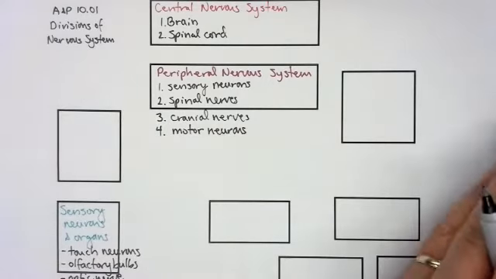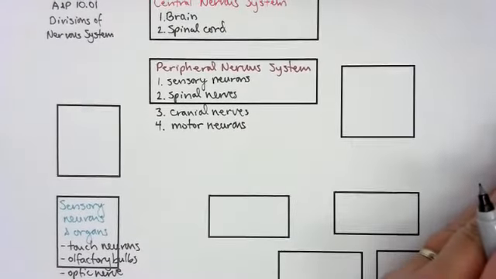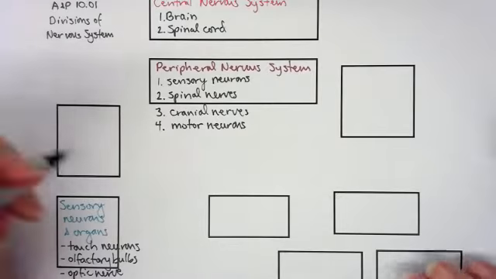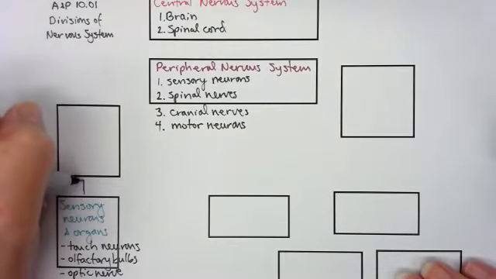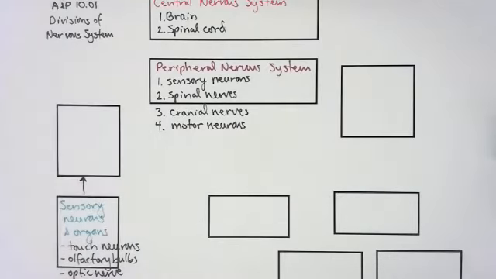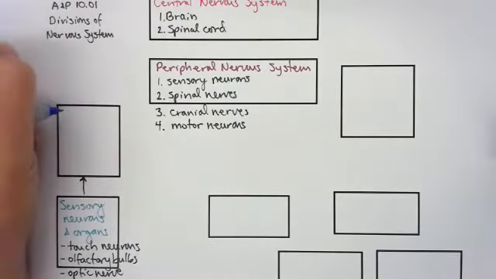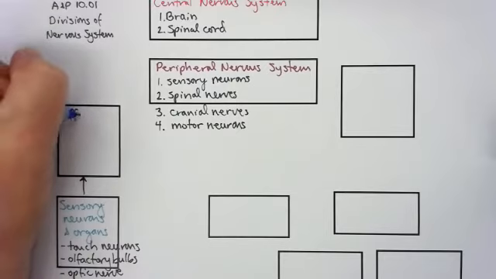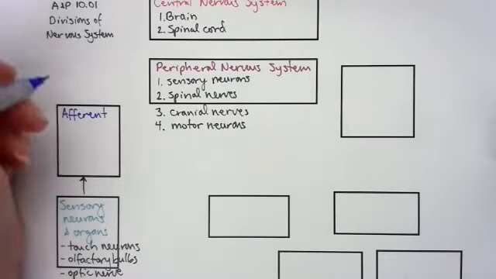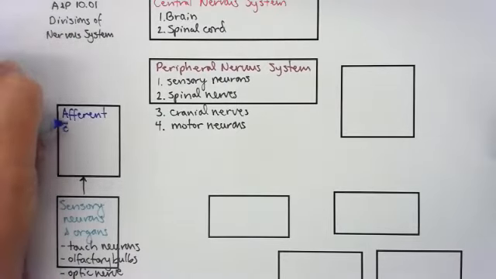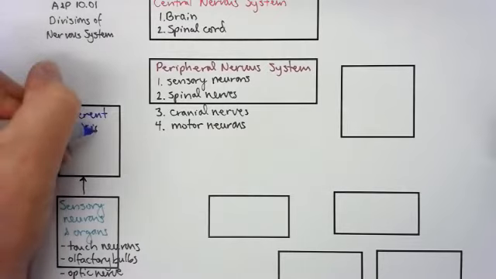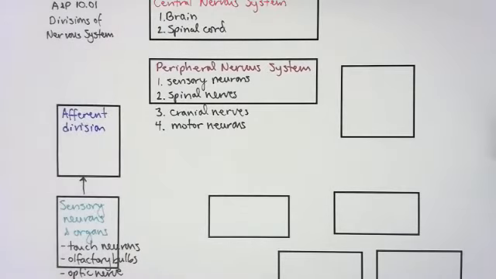So we have something that comes into our system through these sensory neurons. And everything that lies in this category is part of the afferent division. Afferent comes from affect.